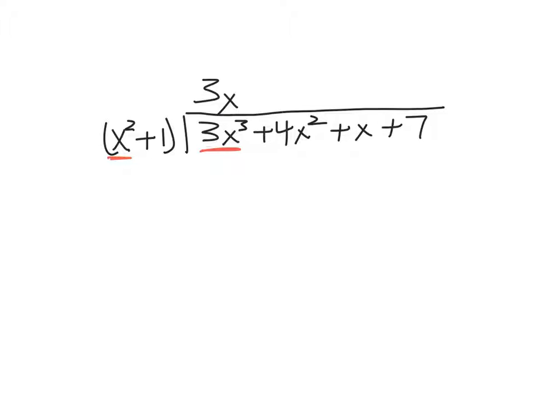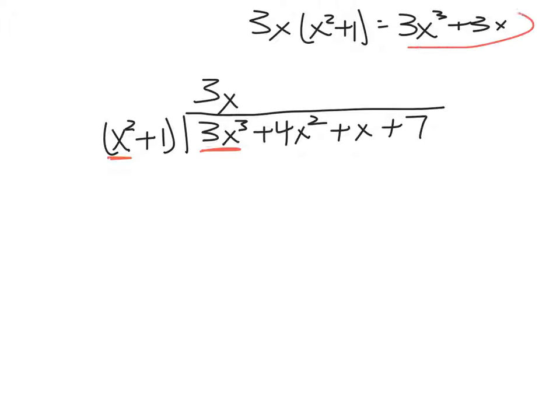And I'm going to do the multiplication up here. 3x times x squared plus 1 equals 3x cubed plus 3x. So this 3x cubed plus 3x term is a multiple of our divisor. So we're going to write that down underneath.